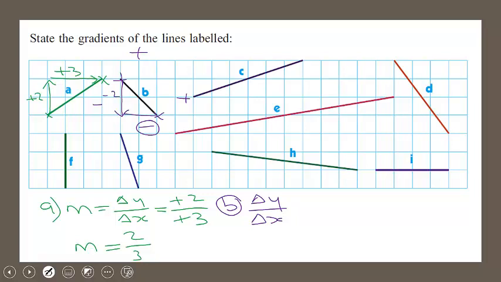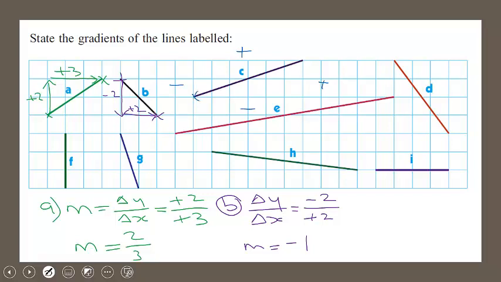And 1, 2 spaces to the right. That's 2 in a positive direction, plus 2. So that's going to be minus 2 over plus 2. So m is going to be equal to minus times plus is minus. 2 divided by 2 is 1. M is minus 1.